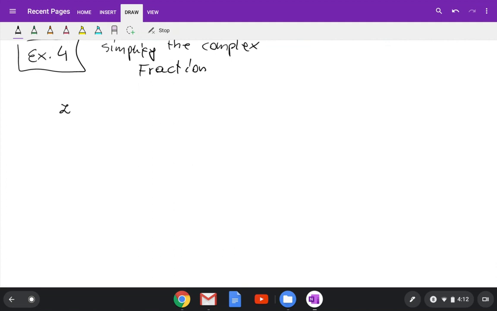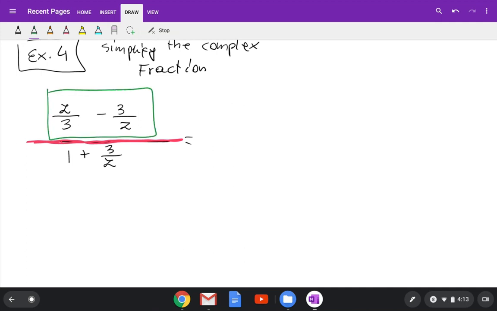We have z over 3 minus 3 over z, over 1 plus 3 over z. Again, this is the middle, so this is the major fraction bar. And we have the numerator and here we have the denominator.